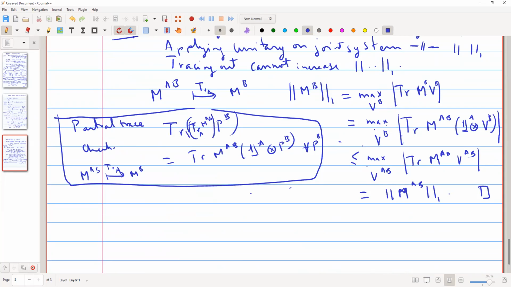If you like, I'll write it this way. The partial trace is the unique linear operator sending matrices M_AB to matrices on B, satisfying this property. Now the question is, why should such an operator exist, and why should it be unique if it exists?